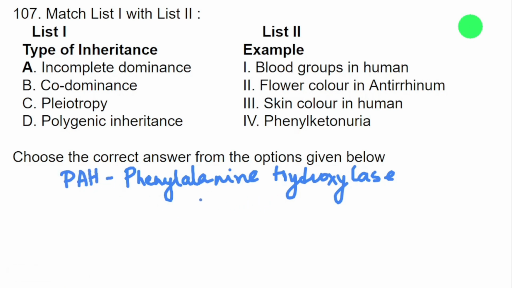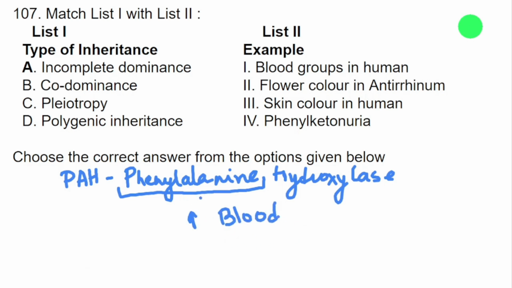As the name suggests, this will act on phenylalanine and convert it into tyrosine. Because this enzyme is mutated, what will happen if the person consumes phenylalanine? The levels of phenylalanine will increase in blood.